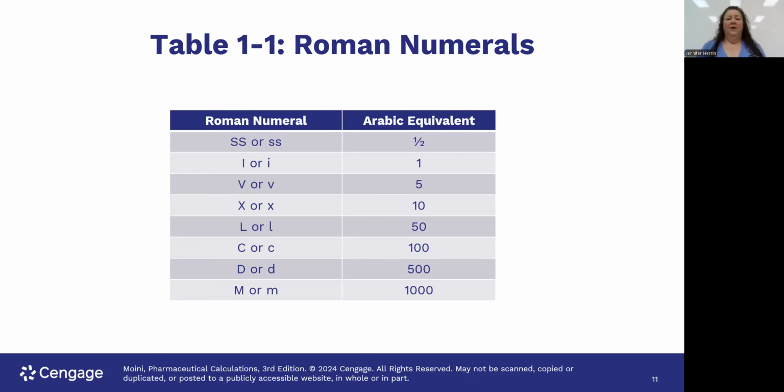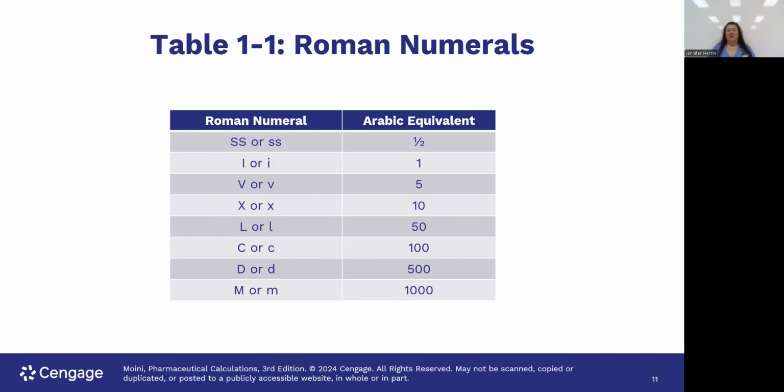All right, so Table 1-1 shows you the Roman numeral symbols alongside the Arabic equivalent. Our SIG code ss is technically a Roman numeral. It is the Roman numeral for 1/2. A capital or lowercase I represents the Arabic equivalent 1.